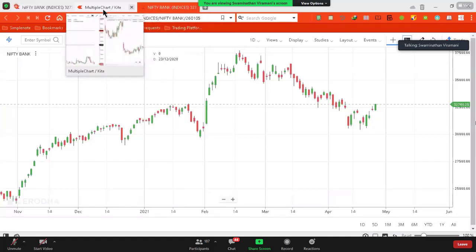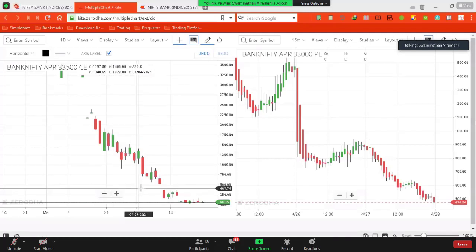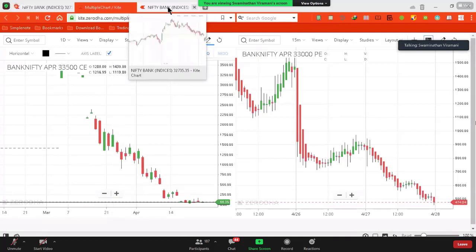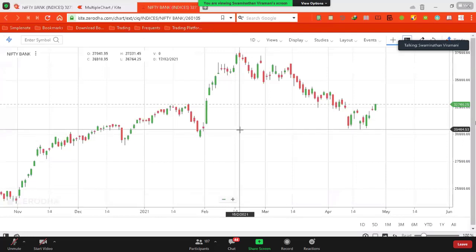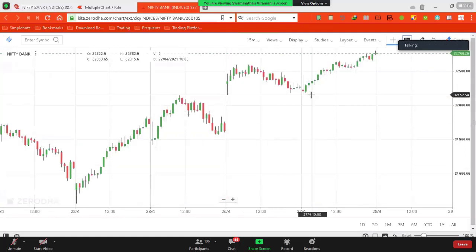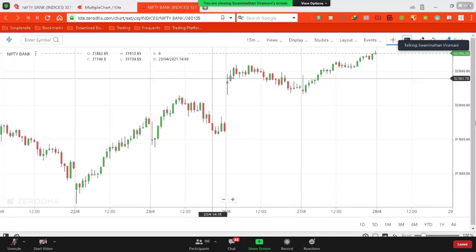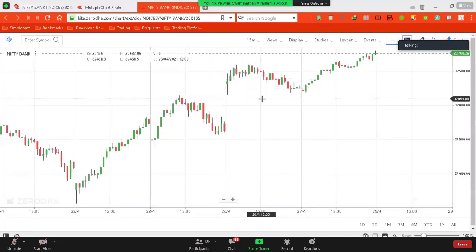Your entry is always based on the option chart. Here you get a signal, you're going to enter the trade. Your Bank Nifty spot chart tells you whether you're taking a trade in the right direction or not. If the trend is up, your decision to take CE is right. If the trend is going to be down or choppy, then you know that you have to brace yourself for a stop loss hit. Simple.